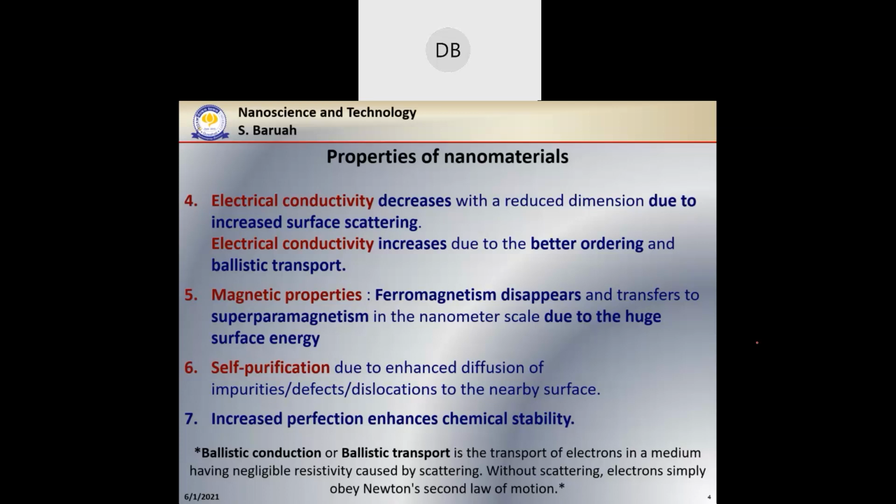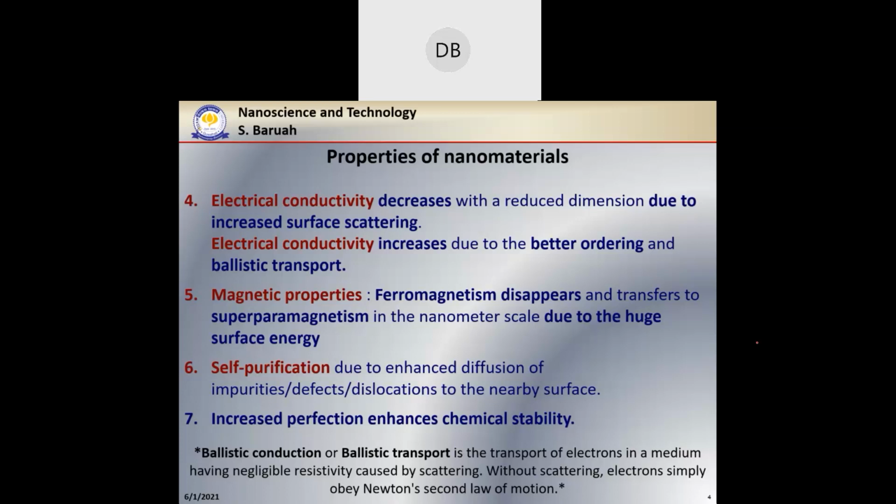That means they do not have too many defects in the crystals. The atoms are in the right places, and that's why when you apply a bias or there's a potential difference, the electrons tend to move through what we call ballistic transport.